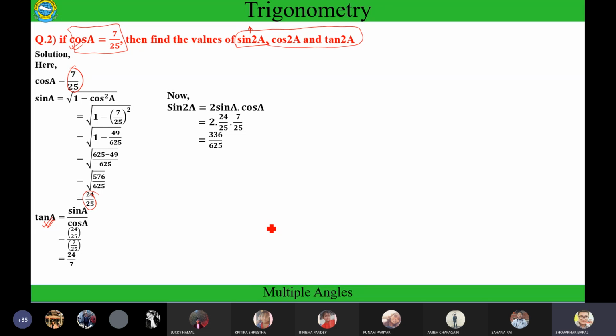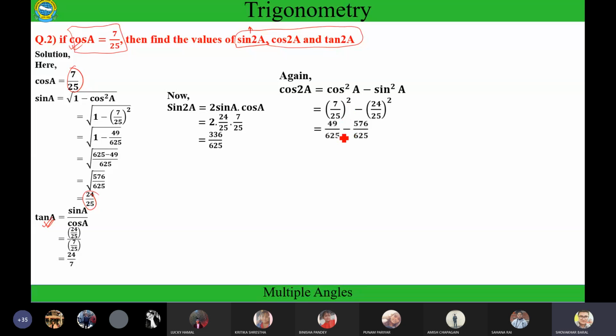So let's find the value of cos 2a also. Please try to understand. So cos 2a is equal to cos square a minus sin square a, and cos a's value is given, 7 by 25. So (7 by 25) whole square minus (24 by 25) whole square.